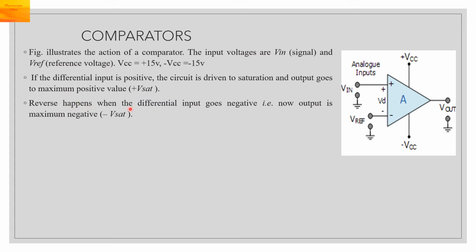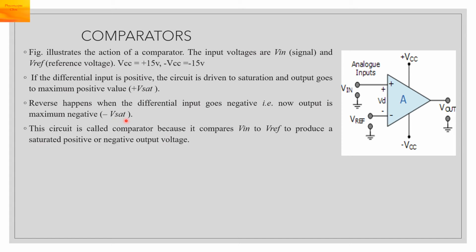The reverse happens when the differential input goes negative, that is now the output is maximum negative, that is minus Vsat. This circuit is called a comparator because it compares Vin to Vref to produce a saturated positive or negative output voltage. Note that the output voltage rapidly changes from minus Vsat to plus Vsat and vice versa.